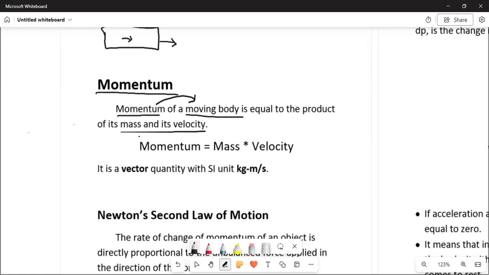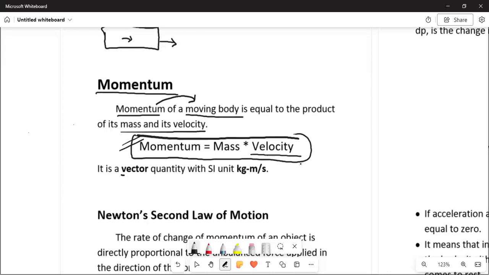So from this we get the formula for our momentum, which is mass into velocity. Make sure that you write this formula in your notebook. As velocity is involved in this, and we know that velocity is a vector quantity, so will be our momentum.